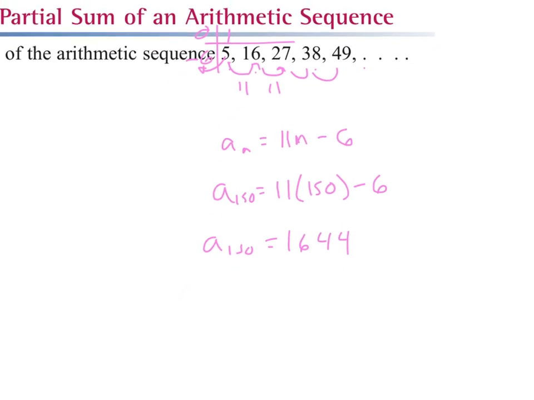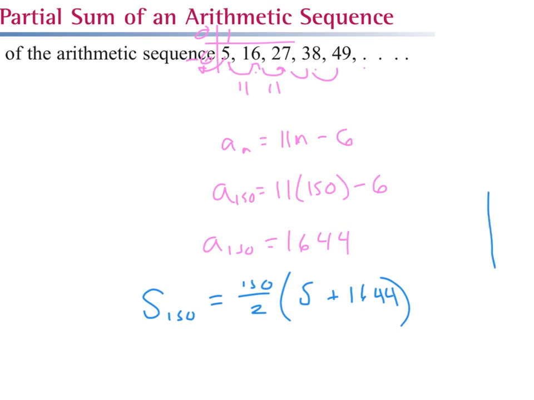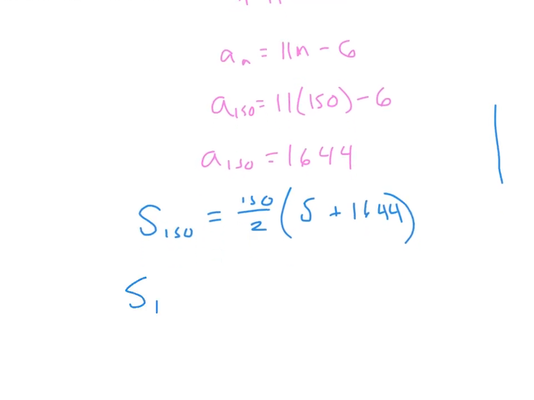Now we plug it into our partial sum formula, so that would be S sub 150, because we said we have 150 terms in our sequence. That's equal to our number of terms, which is 150 over 2, and then our first term plus our last term. So what's our first term? 5. And our last term, we said, is 1,644. So we have 150 divided by 2, which is 75.